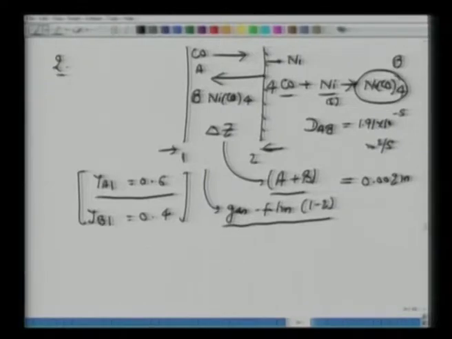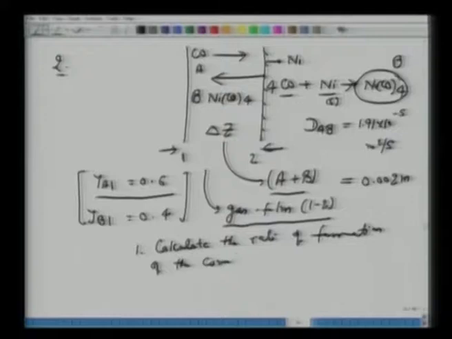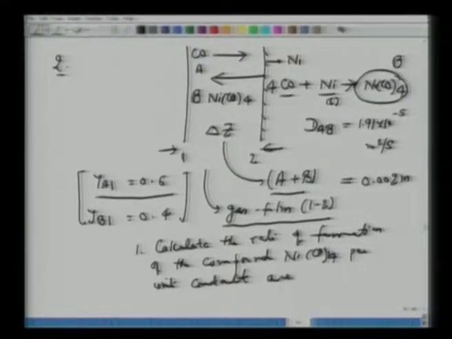So the first question is: calculate the rate of formation of the compound, which here is nickel carbonyl, Ni(CO)4, per unit contact area. This contact area is nothing but plane 2.